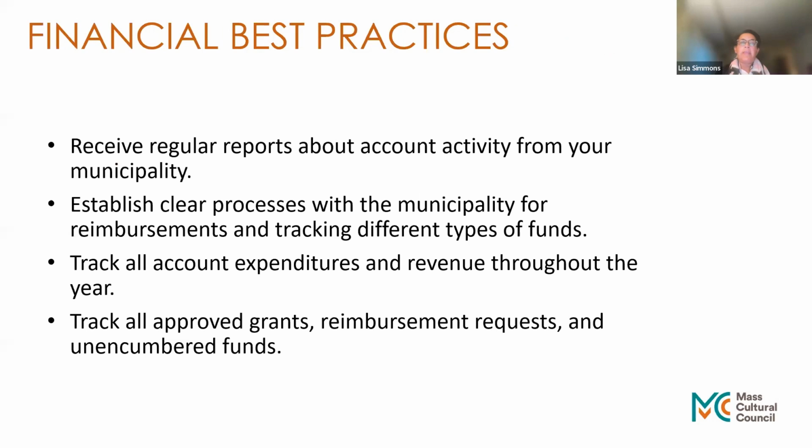So, like I said, if you have not met with your municipal fiscal officer, if they have not received the account form, if you have any questions or issues and can't get in touch with them, or you're not quite sure, please reach out to your program officer. We can help facilitate that and make sure that you're on track and you're getting ready for your grant approvals and your grant decisions.